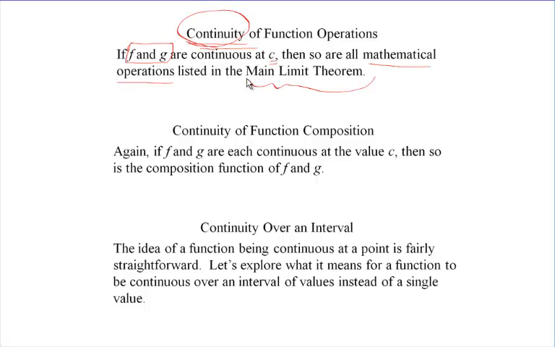If f and g are continuous at x equals c, f plus g must also be continuous at x equals c. f divided by g must also be continuous at x equals c.